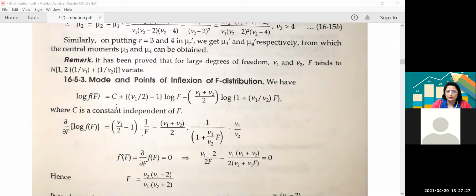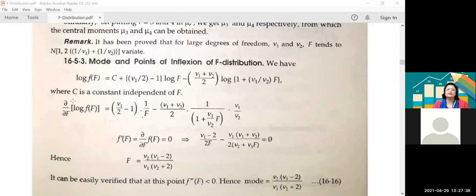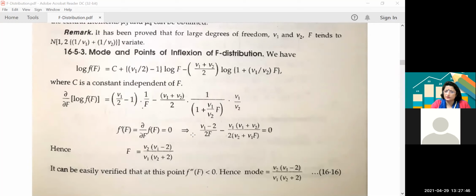So after taking log, जो constant है उस सारे को हमने C लिख दिया, ठीक है. सारी पावर्स नीचे आ जाएगी, जो डिनोमिनेटर में है वो माइनस होके ऊपर चला जाएगा, ठीक है जी. So where C is a constant independent of F. Now you will take the partial derivative with respect to F, and then you will put the value equal to 0.